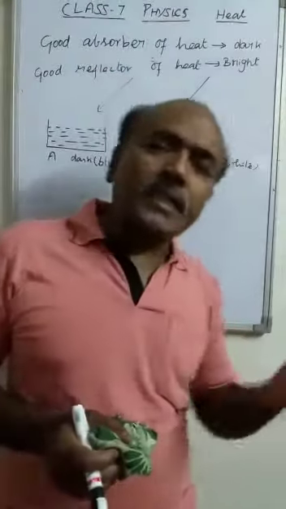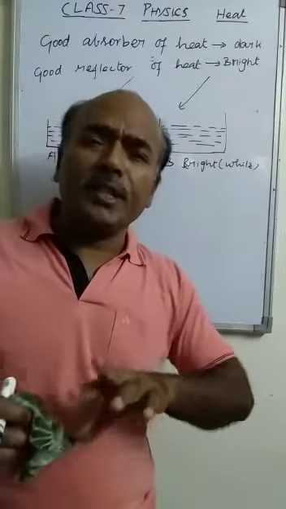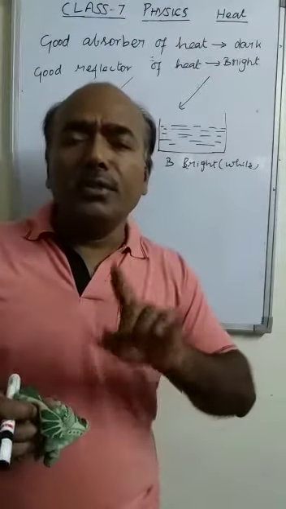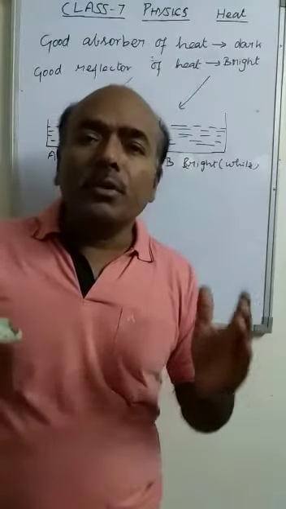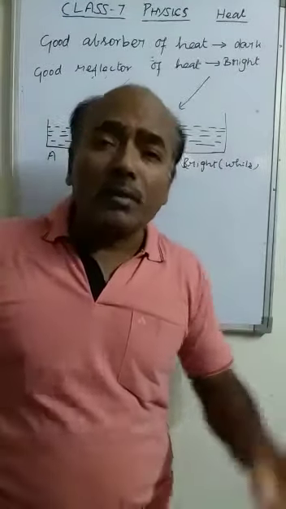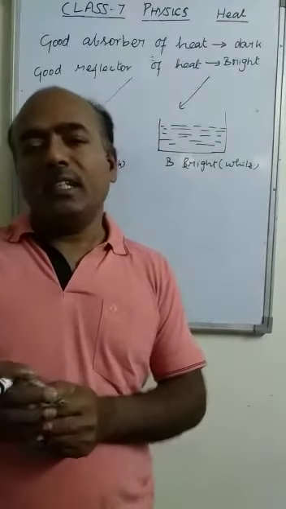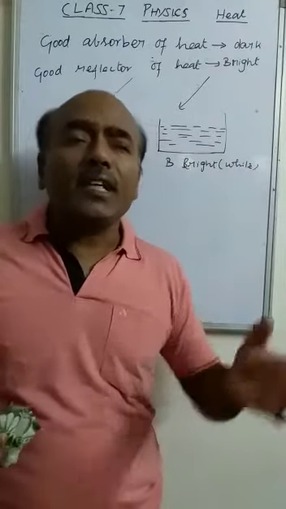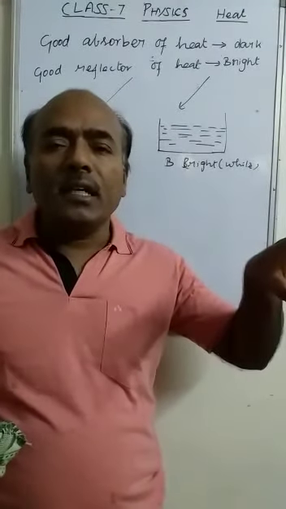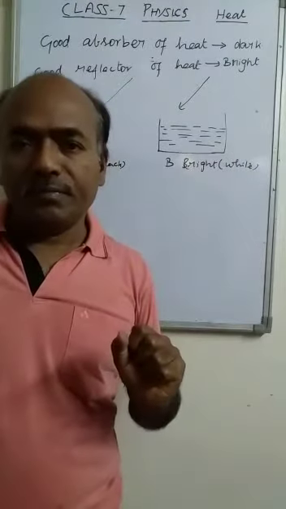And in that case also, take the new quilt and the older one. The new quilt gives more warmth than the older one. It is because the new quilt has cotton inside, along with which air is also trapped inside.